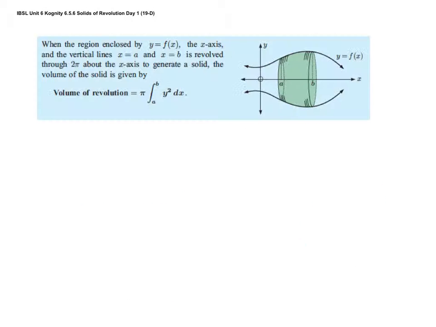Okay? So that's what we're doing here. And here's our simplified formula for this, because we could do this with more than just cylinders. We can do this with any shape we want. We're going to do a volume of revolution around the x-axis is pi times the integral from a to b of the function squared dx.